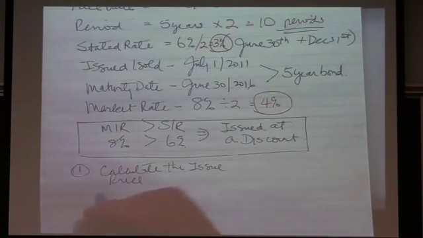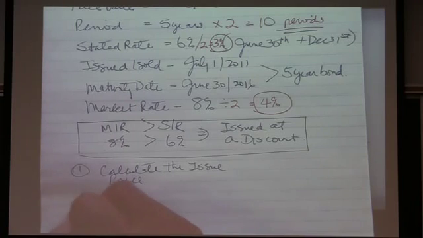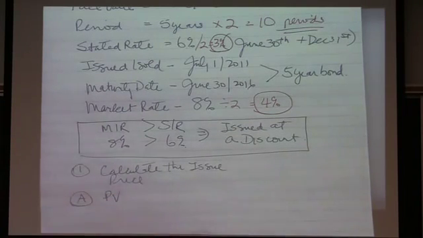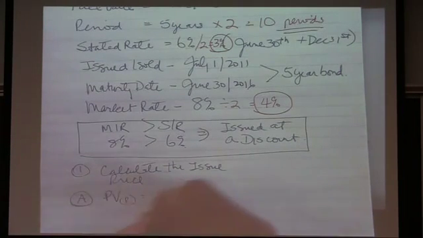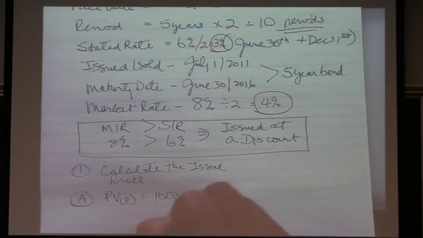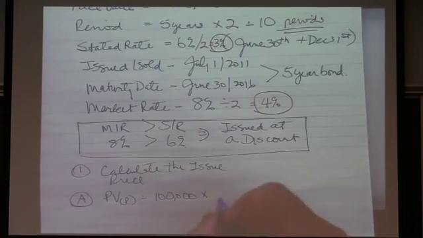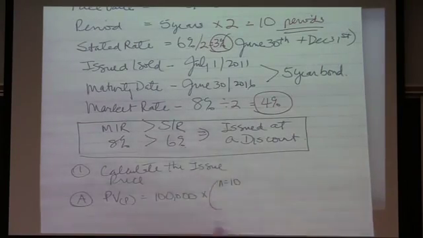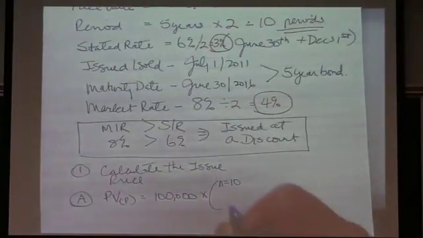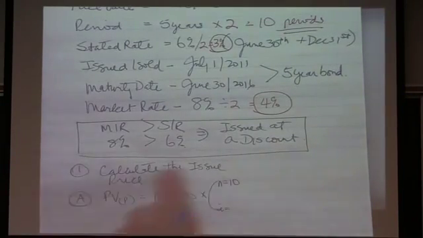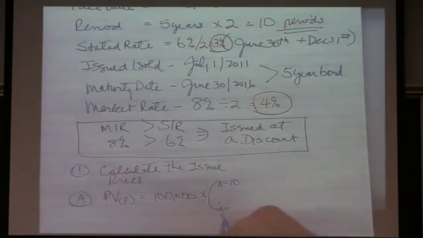So to do that, we need to first calculate the present value of the principal. So the P, in this case, is 100,000 times, we want n equals 10 because there's 10 periods of compounding, and we're always present valuing using the market rate.